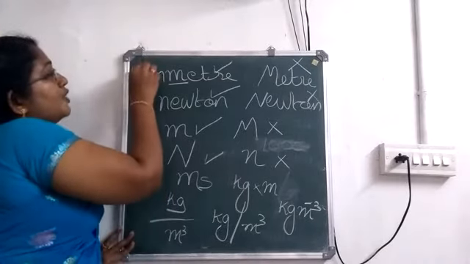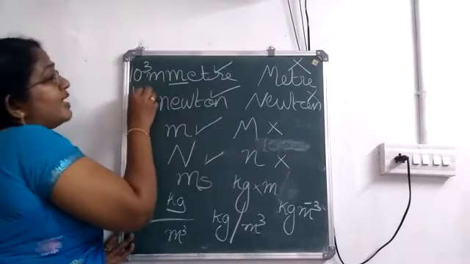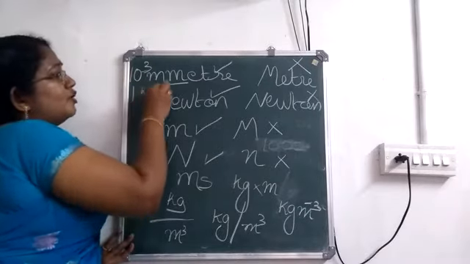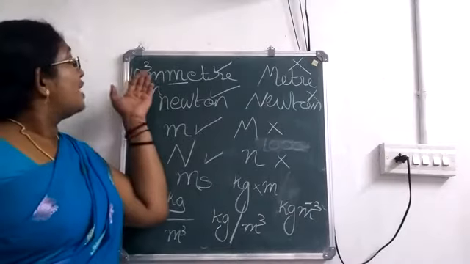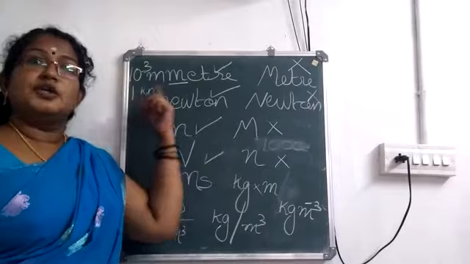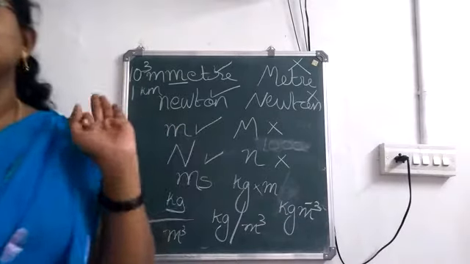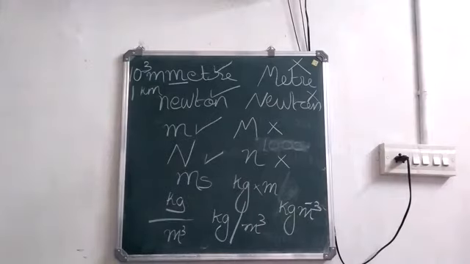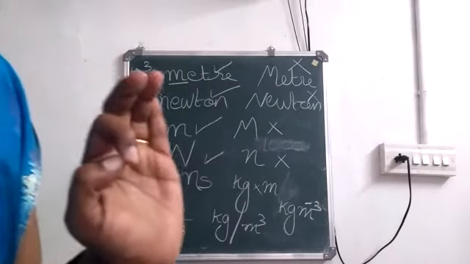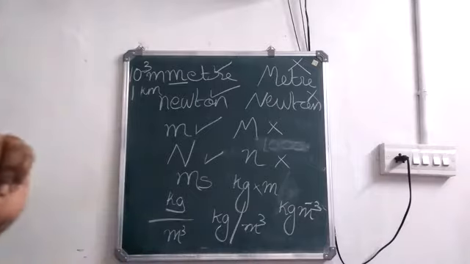Now, in order to avoid this power of 10, what can I do? I can write it as 1 kilometer, isn't it? So in order to avoid the powers of 10, you can write it using prefixes. These are the important guidelines to be followed when we are writing the units.